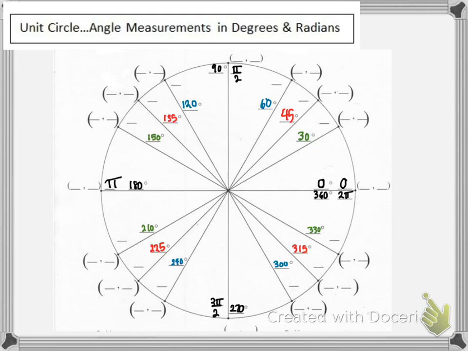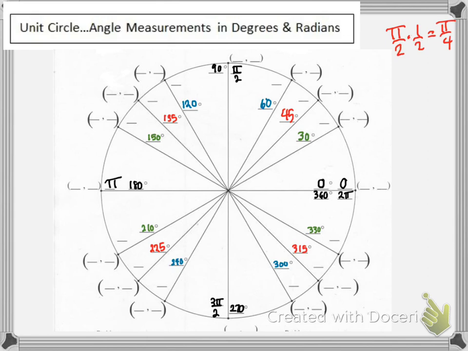Then, just like I did with the degrees, I'm going to start by taking the space and cutting it in half. I'm going to say pi over 2. What is 1/2 of that? It would be pi over 4.